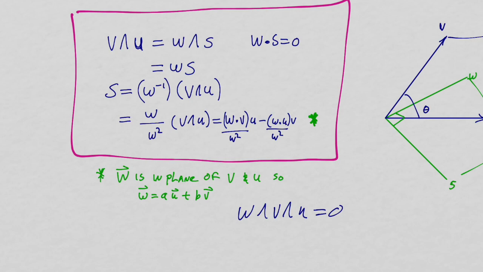Now we can go one step further actually, because V wedge U has an area to it. So I could, in principle, normalize W and normalize S, right? So now that means W hat squared equals S hat squared, which equals 1, right?